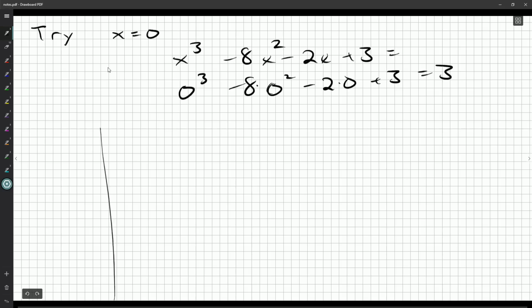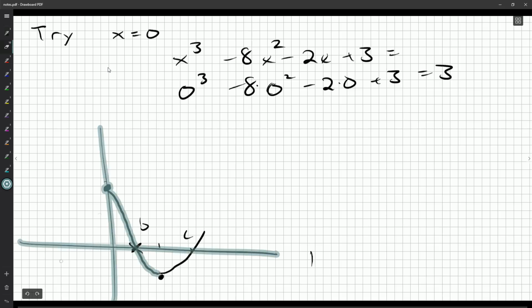So if we were plotting our cubic on a graph, we'd know (0, 3) is a point. Now if I were to do something like 1 and find that 1 is down here at negative 1 or something, I know that between 0 and 1, my cubic has to cross the axis, so that would be a root, maybe B. And then it might come up again, and there might be C over here, and then A further down over here.